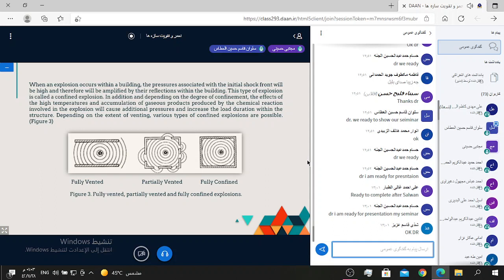In addition, depending on the degree of confinement, the effect of the high temperature and accumulation of gases produced by the chemical reaction involved in the explosion will cause additional pressure and increase the load duration on the structure. Depending on the extent of venting, various types of confined explosion are possible, as shown in figure number 3.